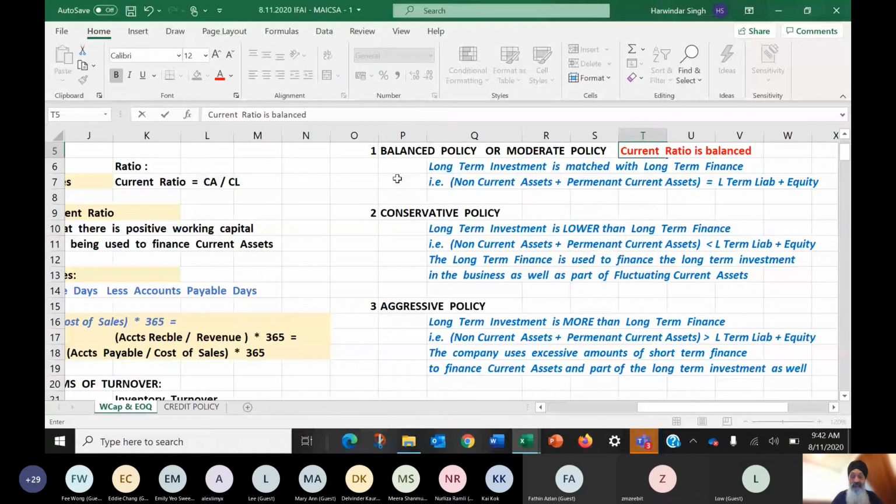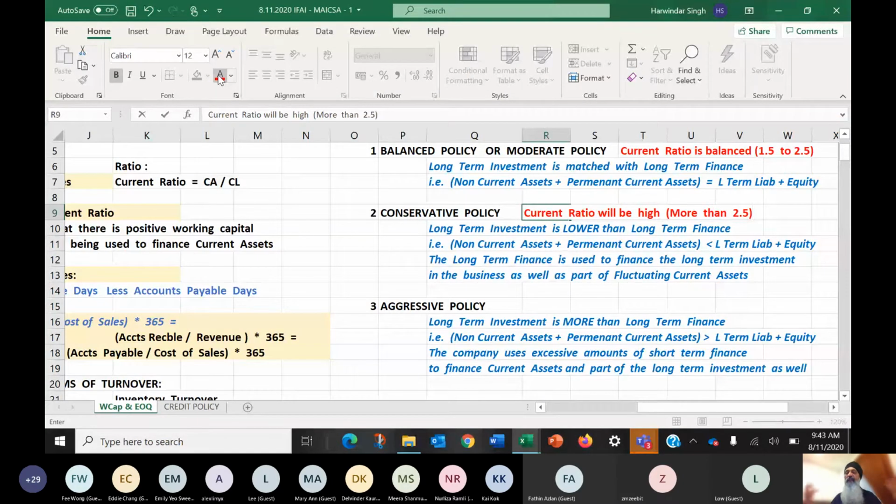Balanced means 1.5 to 2.5 in Malaysia is considered balanced. In a conservative policy, the current ratio will be high, maybe more than 2.5.